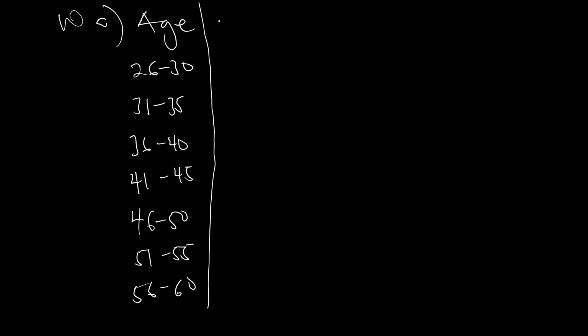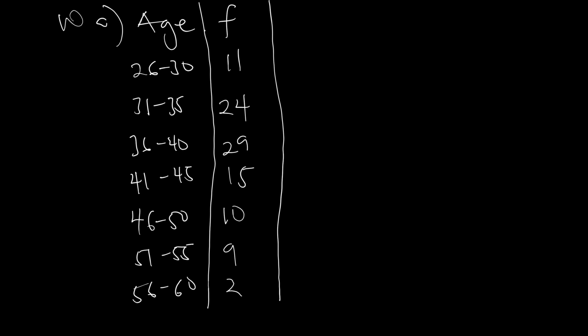Then we need our frequency, which is the number of workers. For 26 to 30, we have 11, then 24, then 29, then 15, then 10, then 9 and 2.